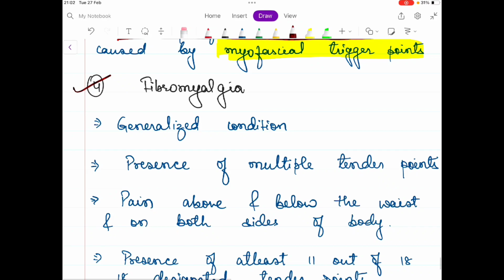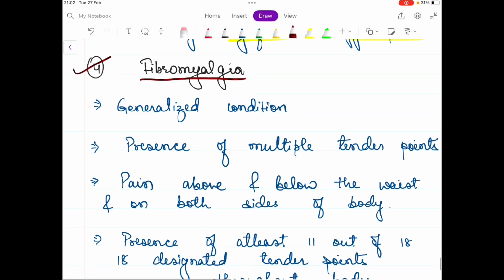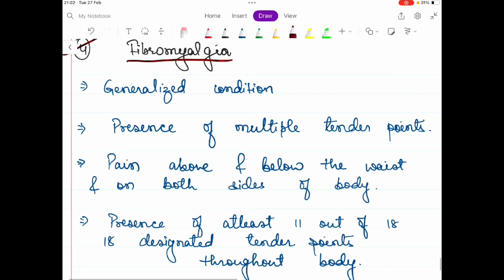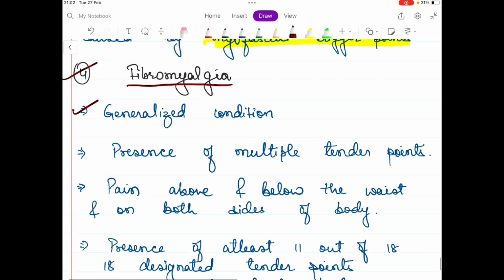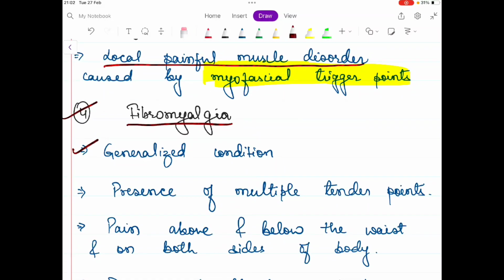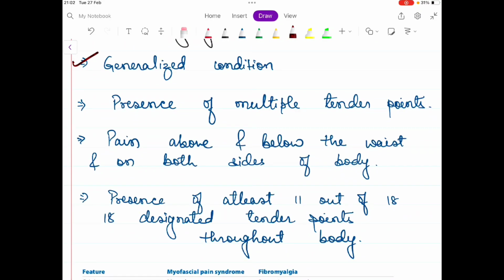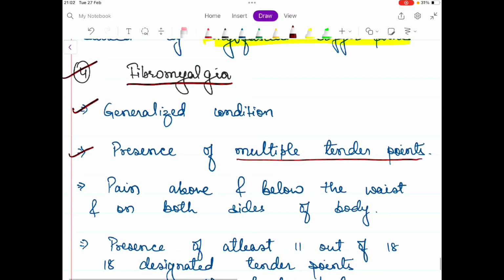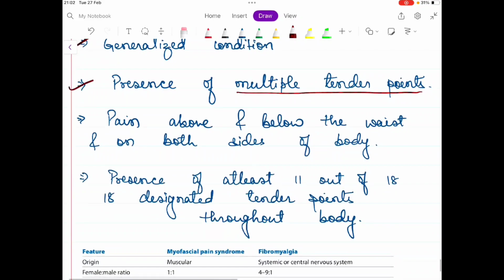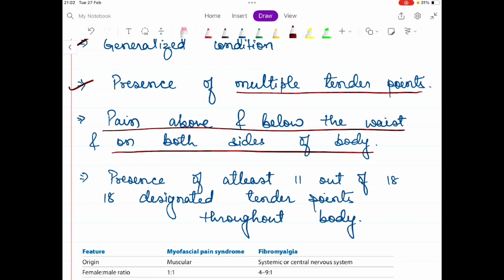The last one is fibromyalgia. It is a generalized condition. It is not just particular about some location. There is presence of multiple tender points in more than one location of the body, such as pain above and below the waist and on both sides of the body.